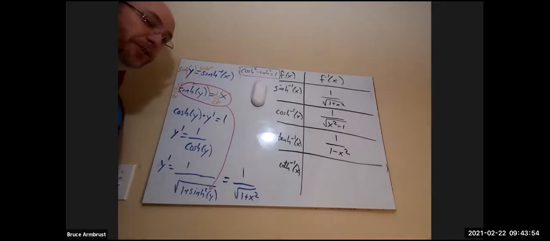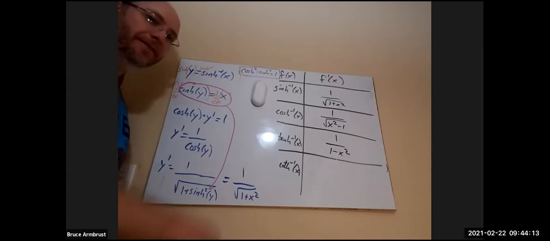Inverse tangent is one you should know, because it was 1 over 1 plus x squared. So it wasn't these two swapped, it was change the sign on one side. Well, 1 over 1 minus x squared, that's inverse tanh. Sweet.